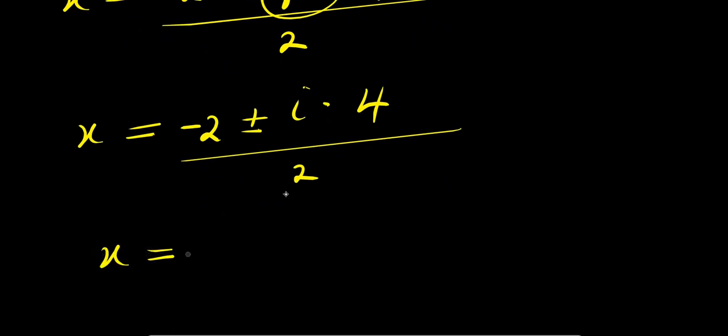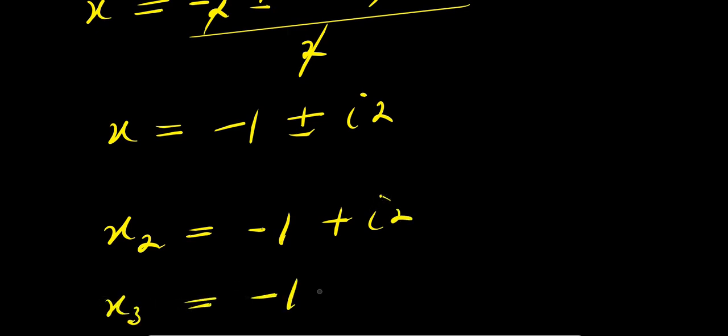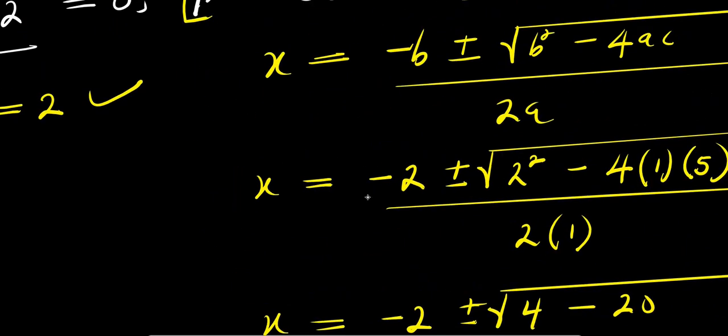From here, I have x equals negative 1 plus or minus i times 2. So we have our x2 equals negative 1 plus i times 2, and our x3 equals negative 1 minus i times 2. And don't forget our x1, which is 2.